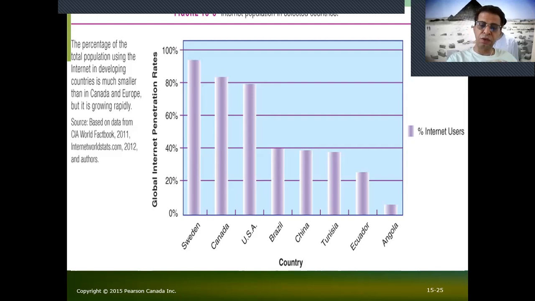You notice here, for example, Angola has the lowest percentage using the internet, with Canada and the USA high, after Sweden. So that's another challenge, the percentage of internet users, which in other countries is catching up very fast. The percentage of the population using the internet in developing countries is much smaller than in Canada and Europe, but it's growing rapidly.